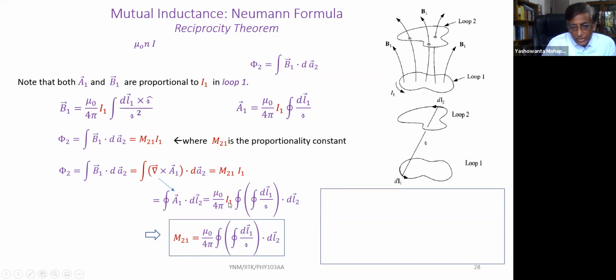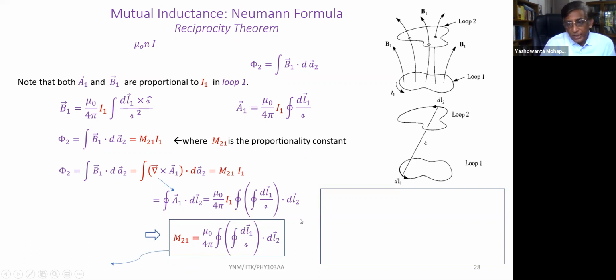I've just taken I1 out of this. Everything else is geometrical. So M21 that I was trying to define, I could define in terms of geometry. There is a double integral over dl1 dot dl2. This is not of much practical use, but one can see where it is coming from.